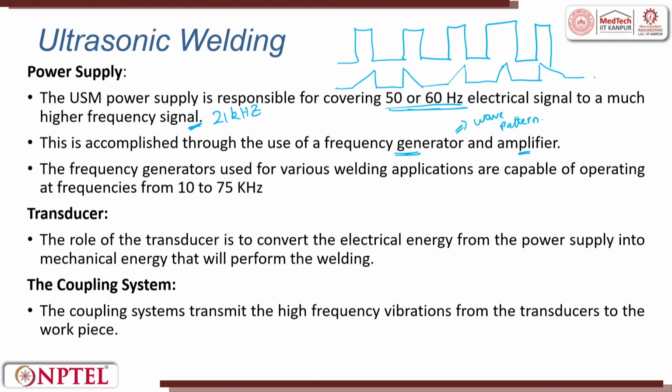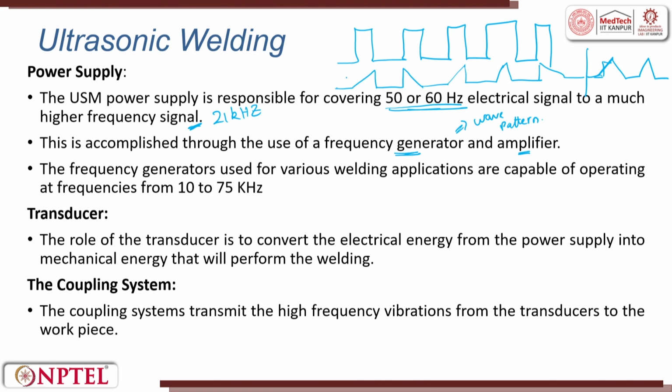You can also have a trapezium type. So, you can have a square, a rectangle, a triangle. These are all different wave patterns which are generated by the function generator.